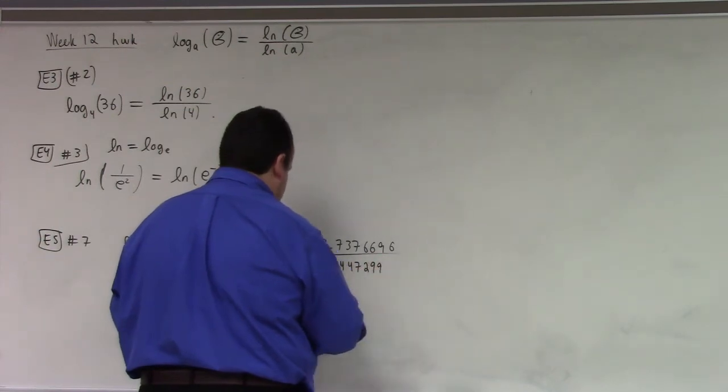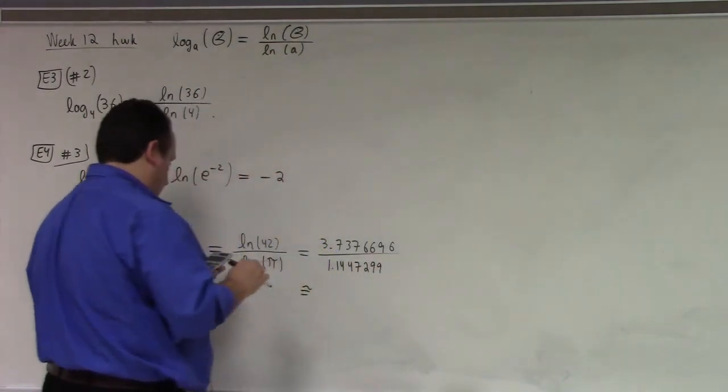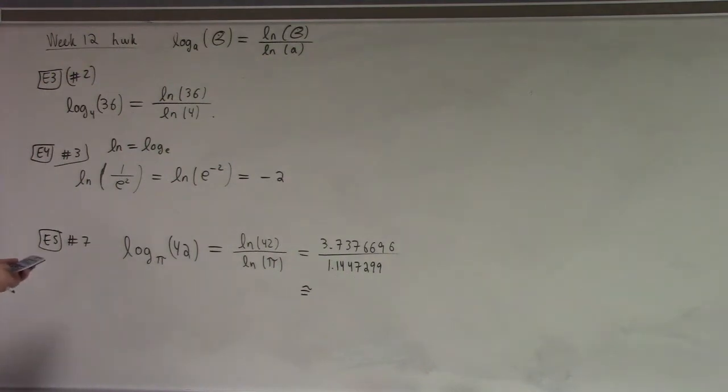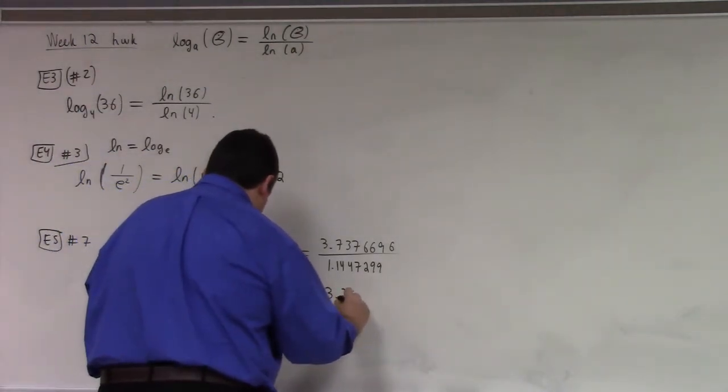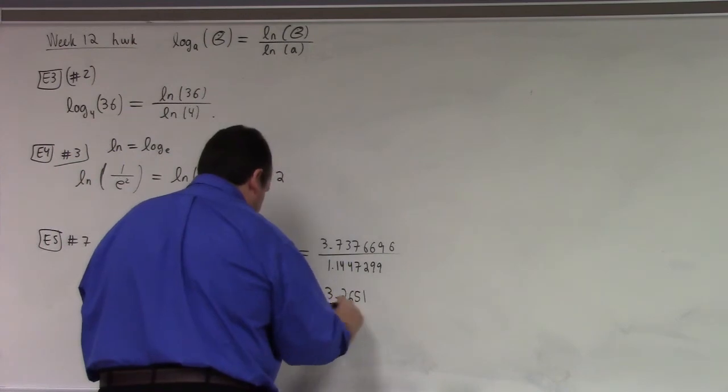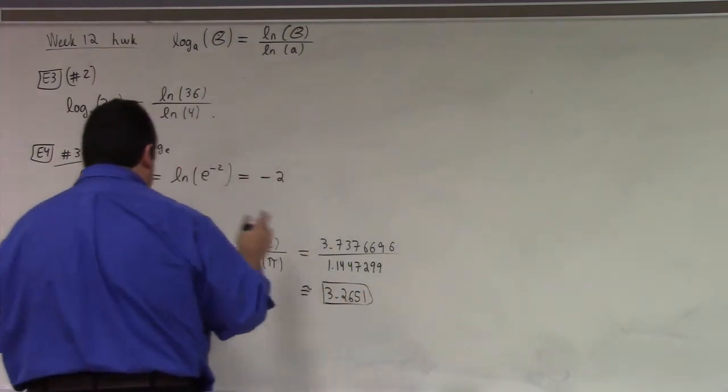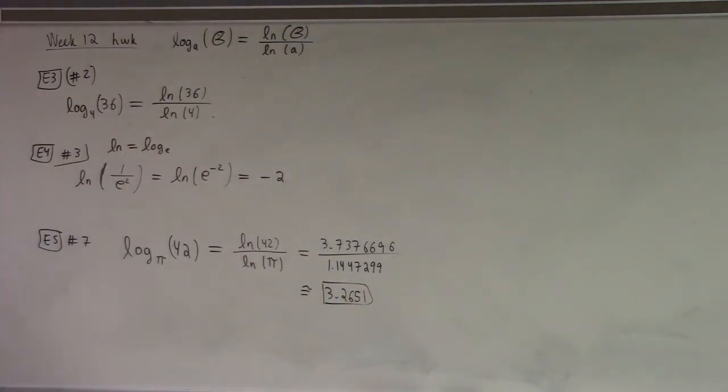So that's approximately 3.2651, four decimals there. We good? Okay.